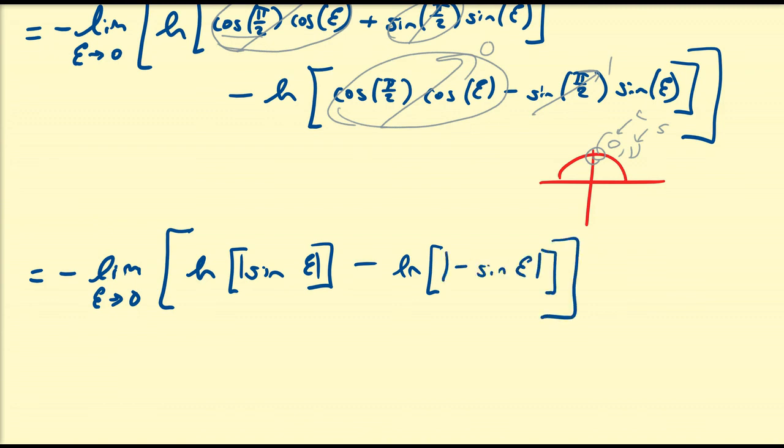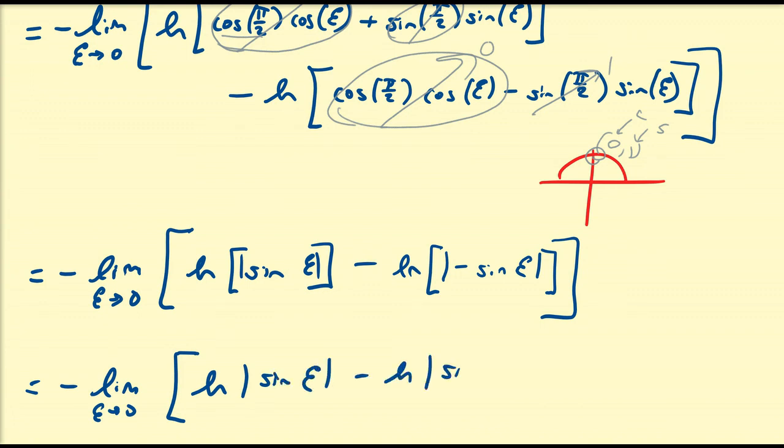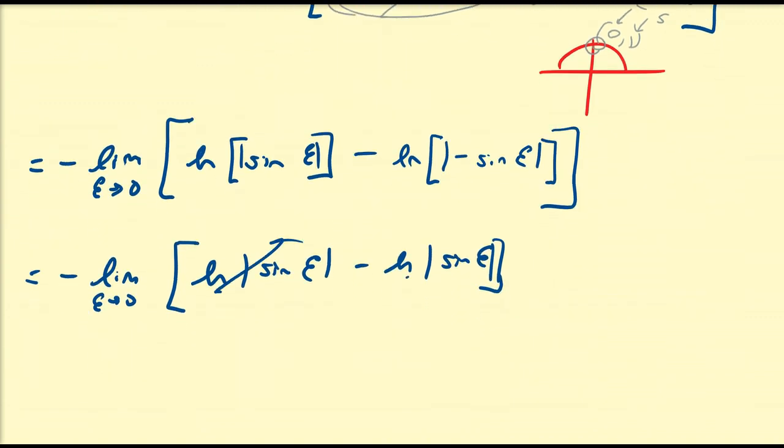We can take the absolute value of the negative sign to become a positive sign. So this is equal to the negative limit as epsilon goes to 0 of the natural log of the absolute value of sine epsilon minus the natural log of the absolute value of sine epsilon. But those are the same exact natural logarithms, so both of them will cancel with each other, and we just have this is equal to 0.